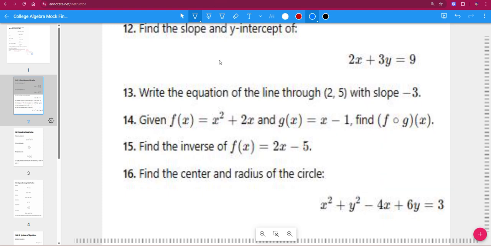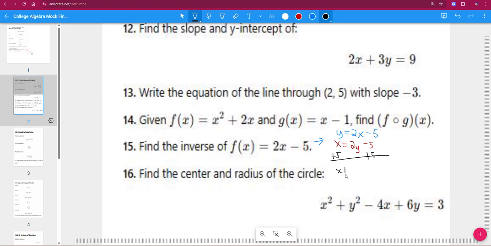Last one on this video, we need to find the inverse. So remember, the way you do it is you write it as y equals instead of f of x equals. And then you switch x and y. And then we isolate y. So add 5, add 5.